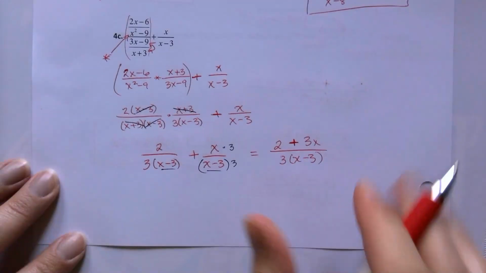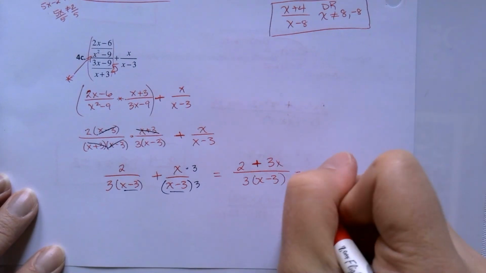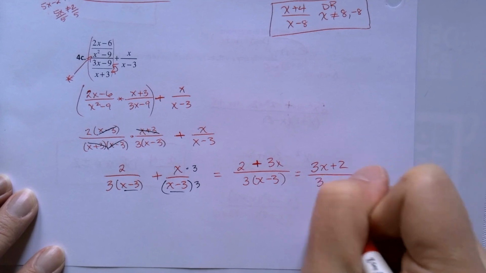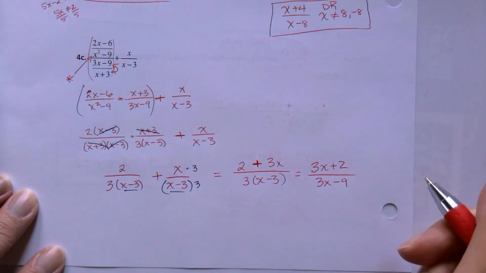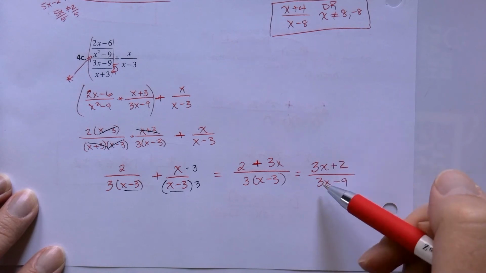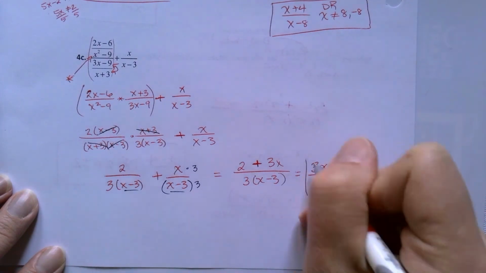So my final answer is going to be, maybe I'll write it over here, in standard form 3x plus 2 over 3x minus 9. And I know it's really tempting to get to the end and want to cancel these out because you're like, oh, how didn't I see that? You cannot cancel these unless you take something out of all of them. So that is my final answer.